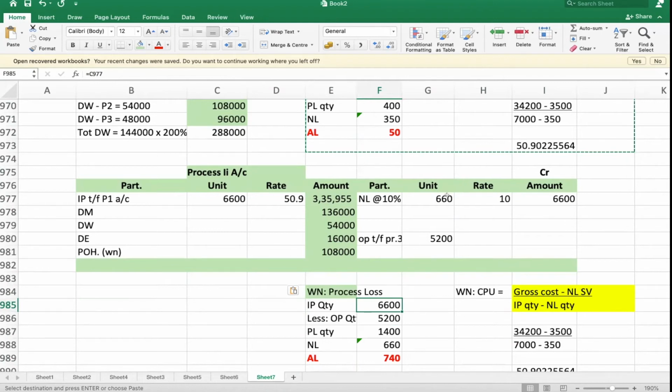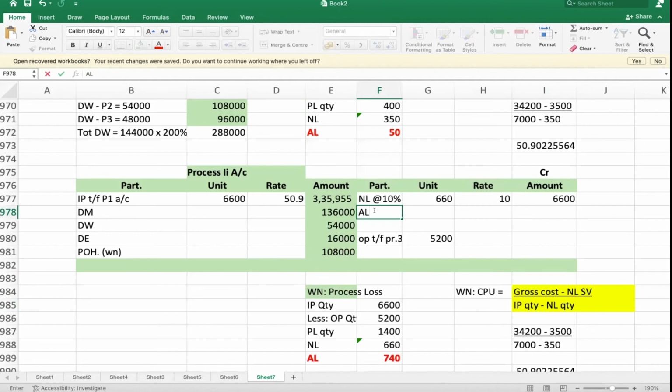Out of which normal loss we already got as 660. Therefore, the balance is abnormal loss. Over and above the normal loss is called abnormal loss. How much abnormal loss? 740 units. So we have to give the posting here by abnormal loss based on working, 740.